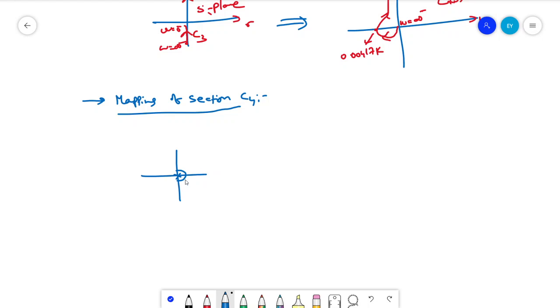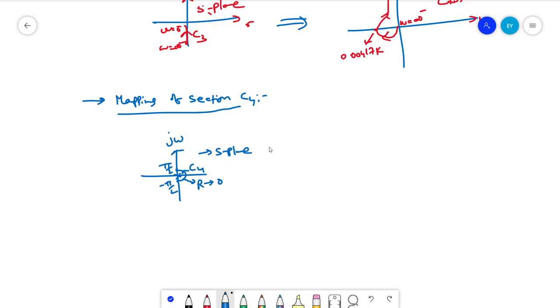From here, this radius will be 0. R tends to 0. And from here it is making an angle. This angle here is making minus pi by 2, and here it is making pi by 2. Okay, it is going this way, anti-clockwise. This is C4. j omega, this is the S plane.